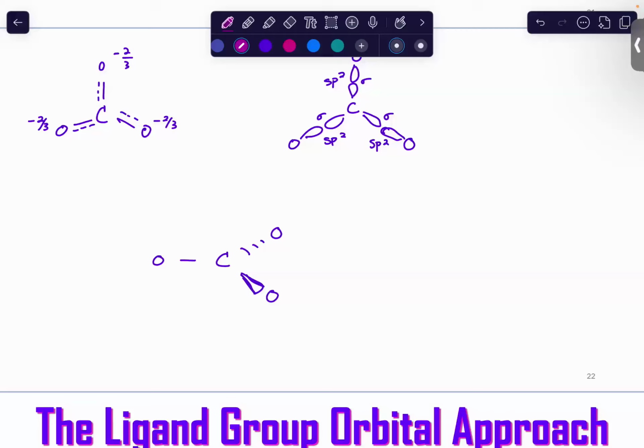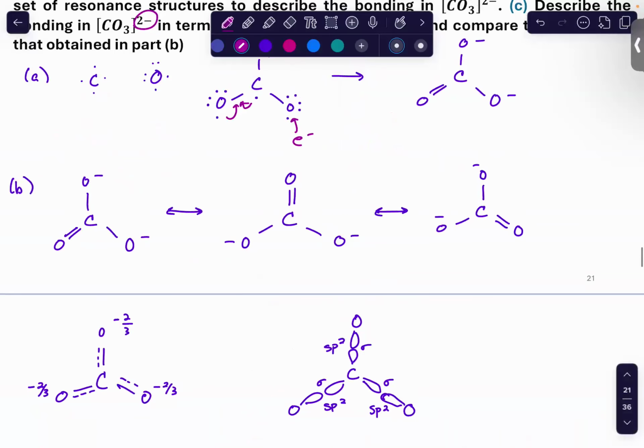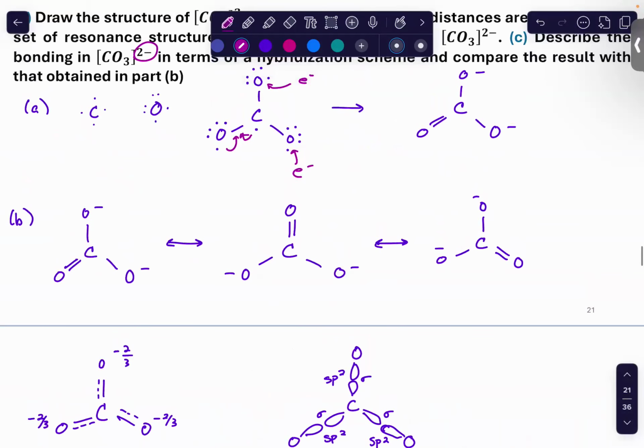Okay, so once again, let's go back up to just our structure here where the 2 electrons have come in.